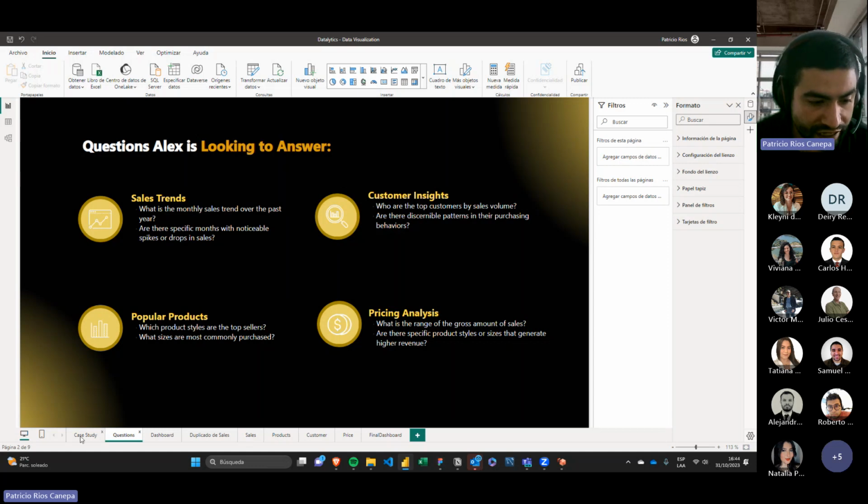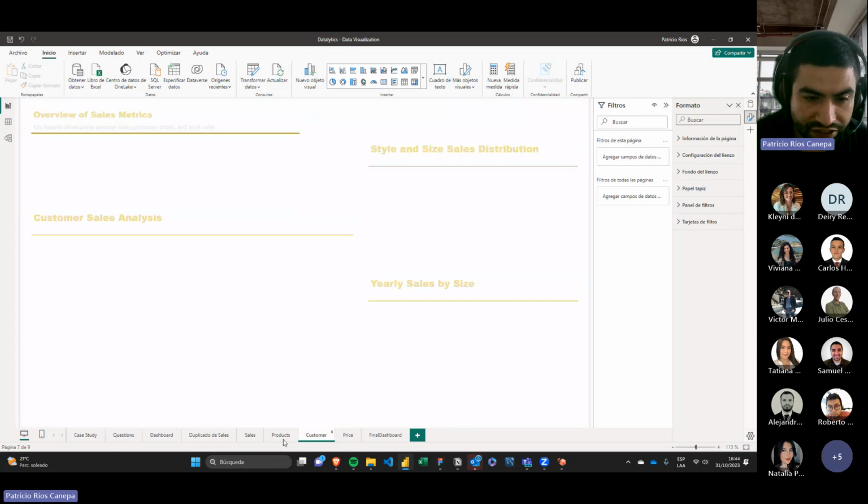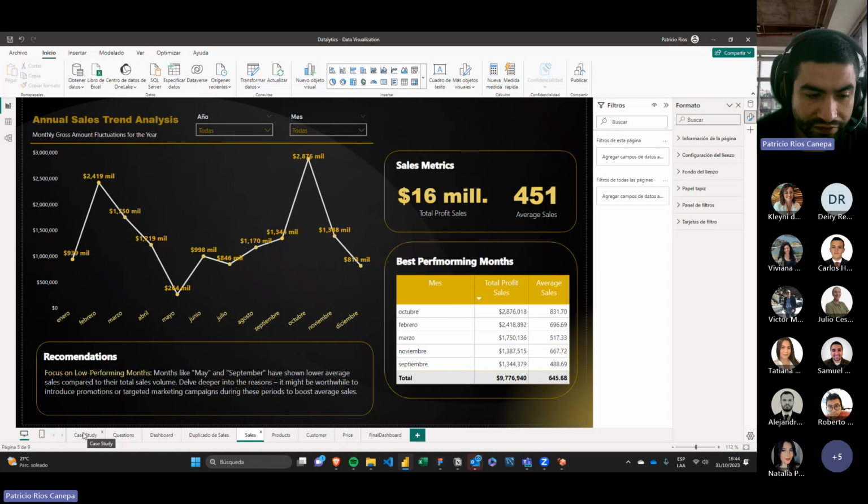Once you present all this information throughout the dashboards, you will get better decision making and data-driven decision making, which is our end goal for any stakeholder.